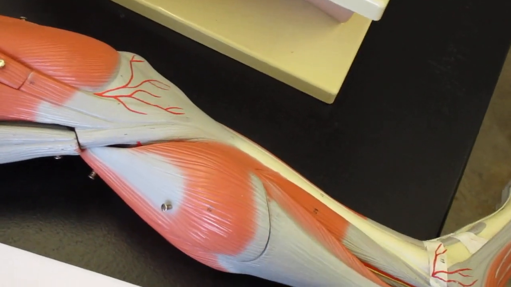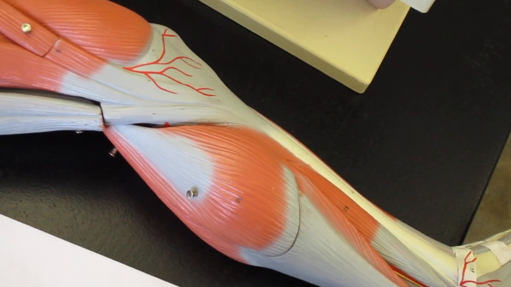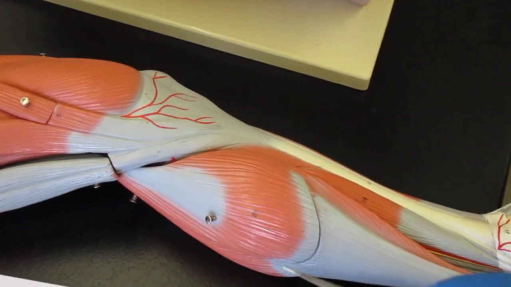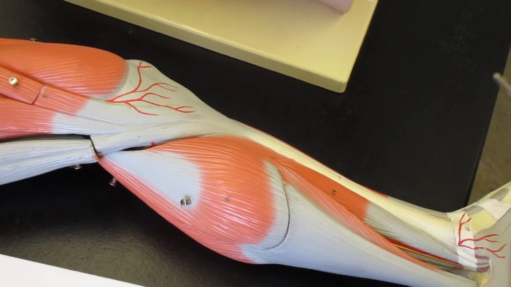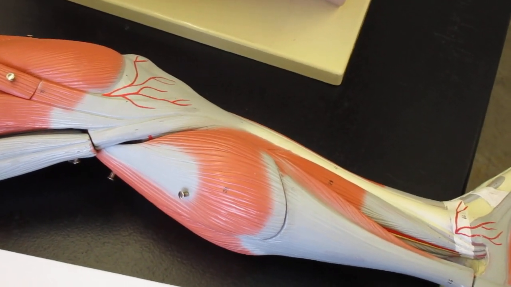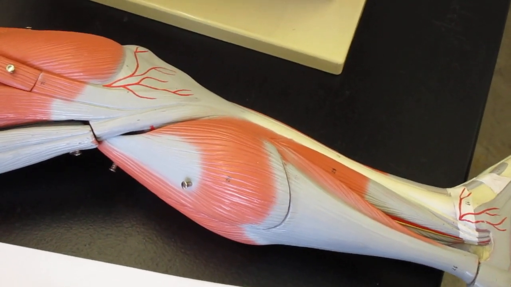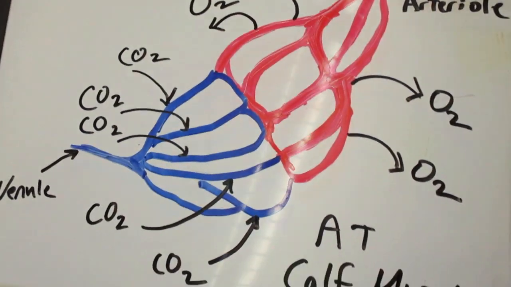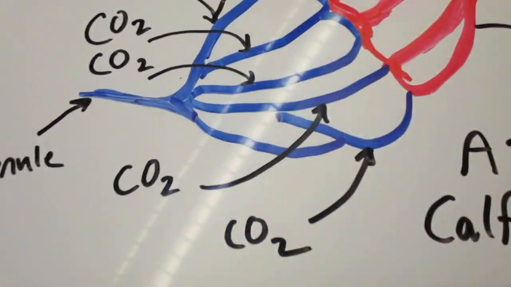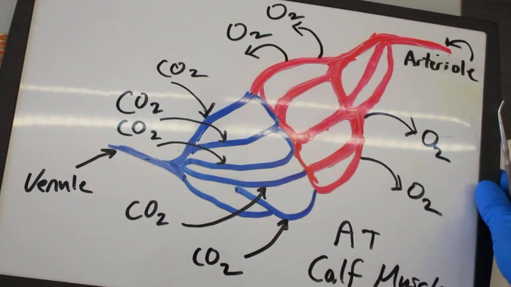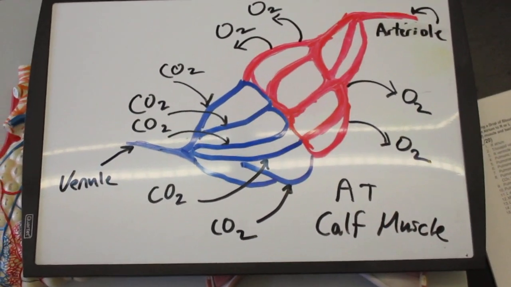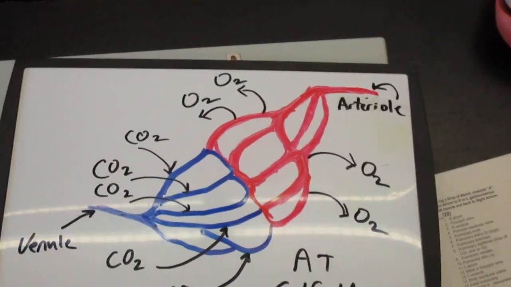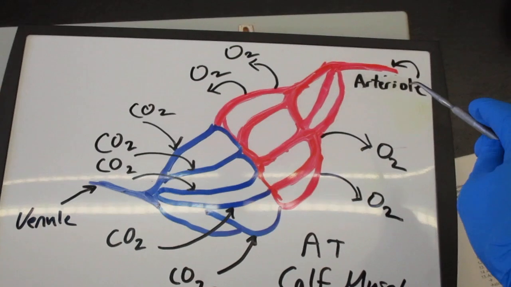Anyway, from the posterior tibial artery, we get to smaller arteries that lead to the calf muscle, as you see here. And of course I don't have a model that shows you the detail of that, so I went sort of low tech here with this diagram. If you look right here, we see at the cellular level arterioles going in.